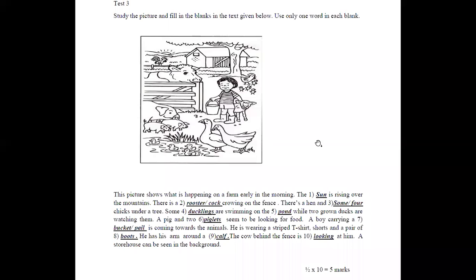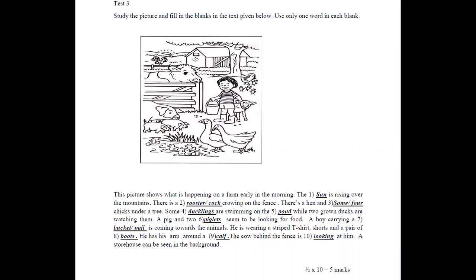Study the picture and fill in the blanks in the text given below. Use only one word in each blank. That means you have to study the picture thoroughly. So after that, you have to fill in the blanks. They have given a text, so you have to fill in the blanks, but you have to use only one word for a blank.